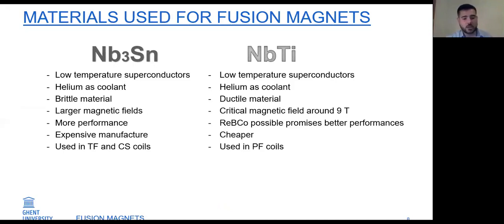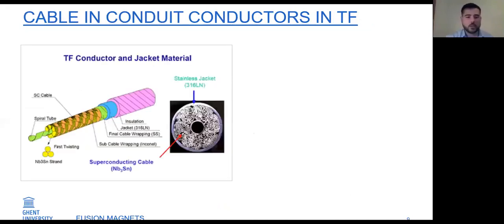It is used in the toroidal field and central solenoid coils because, as I showed before, in ITER the fields are very high, around 12 Teslas, but the lower necessary magnetic fields can be produced with niobium titanium, or we hope in the future with high temperature superconductors.